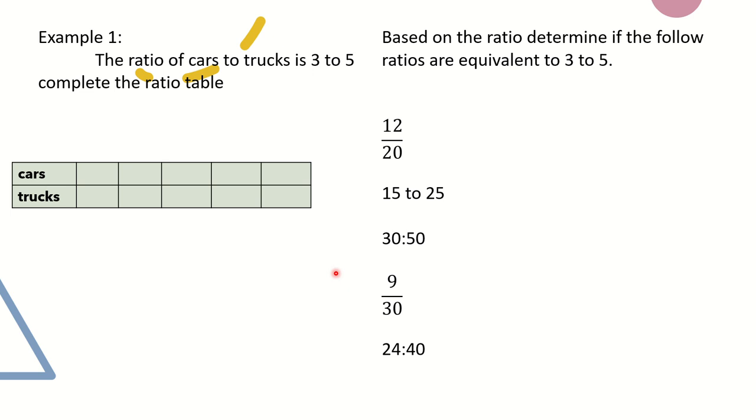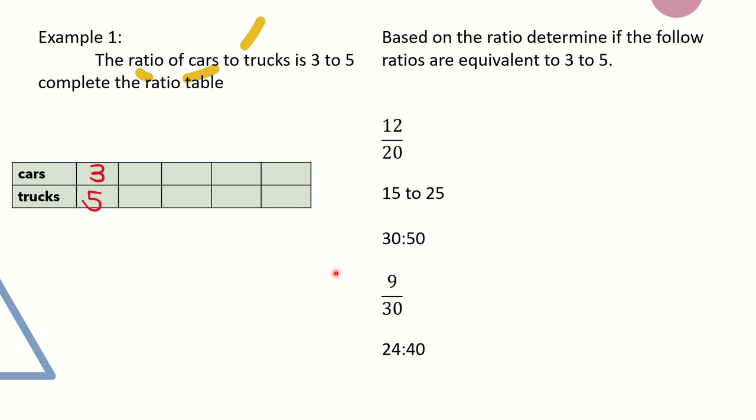Now let's look at some practice problems dealing with ratios and building equivalent ratios. Let's look at this first example. It says the ratio of cars to trucks is 3 to 5. Complete the ratio table. So basically what we're doing is just skip counting. So we know that the ratio of cars is 3 to trucks 5.